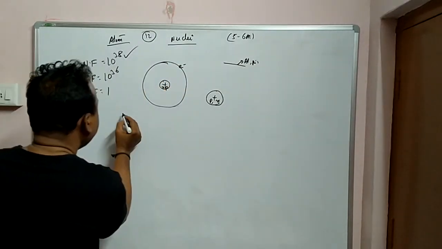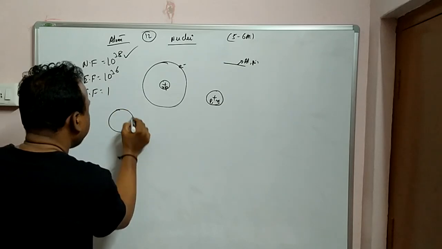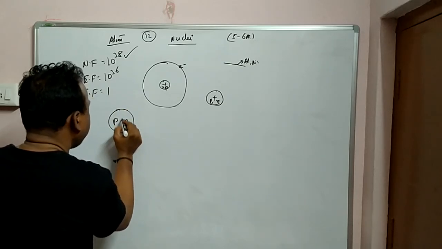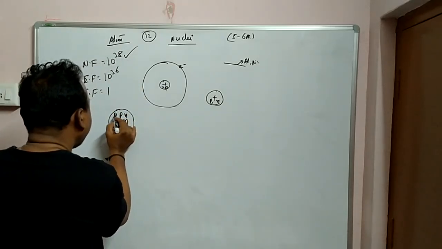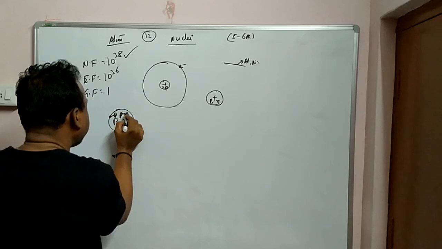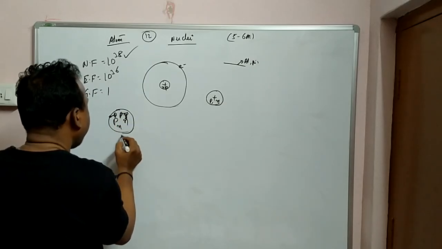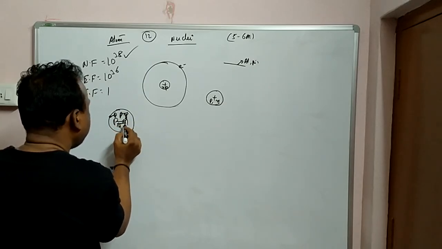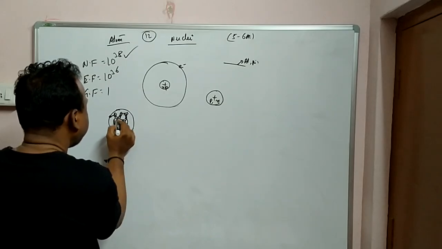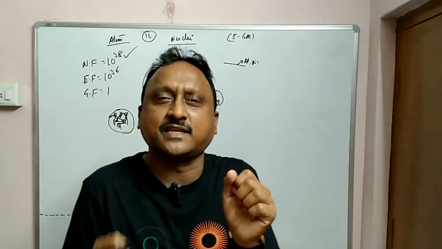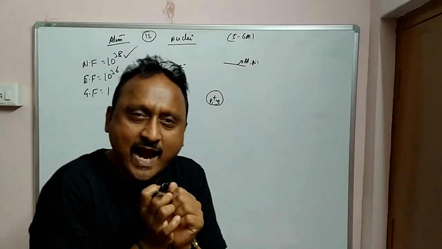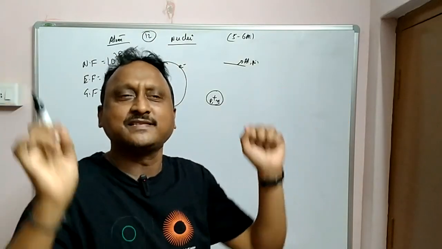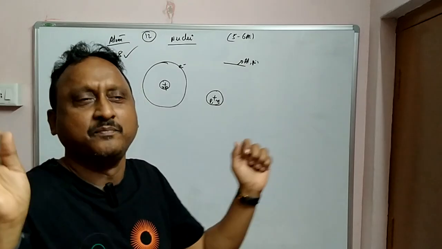Because what happens here? Inside the nucleus you have protons and neutrons. There will be forces between proton and proton, same charge, which is repulsive. Similarly between neutron and neutron, proton and neutron. So because of the repulsive force between the same charges, the atom will try to become unstable and break up.